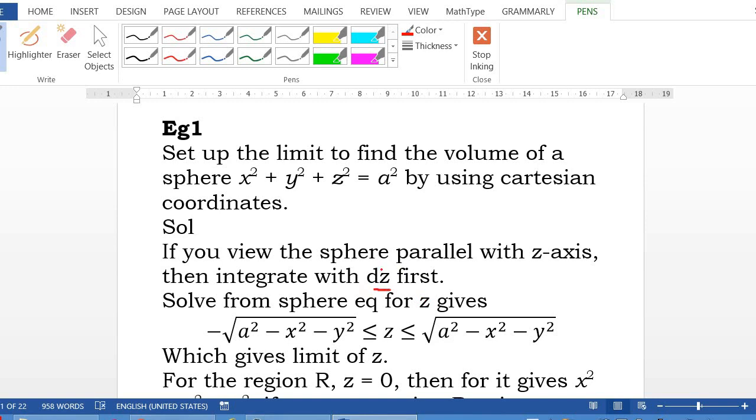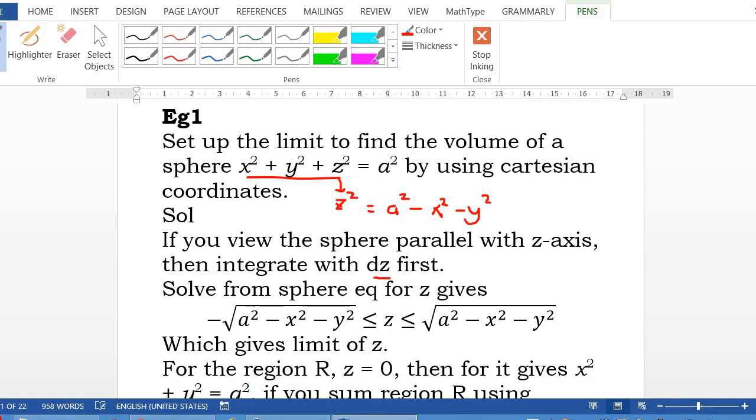After you integrate with respect to dz first, you need the limit of z. To get the limit of z, from the sphere equation you solve for z. So z squared equals a squared minus x squared minus y squared.